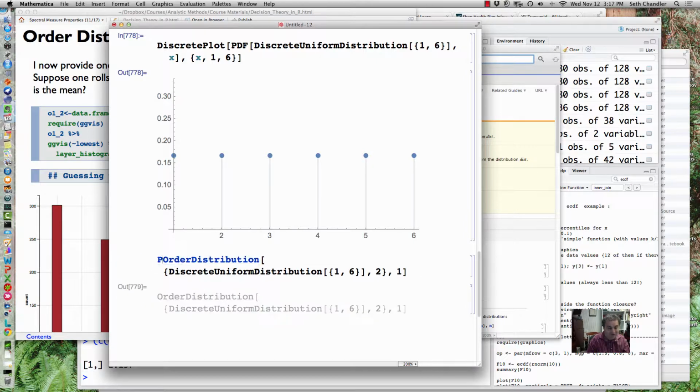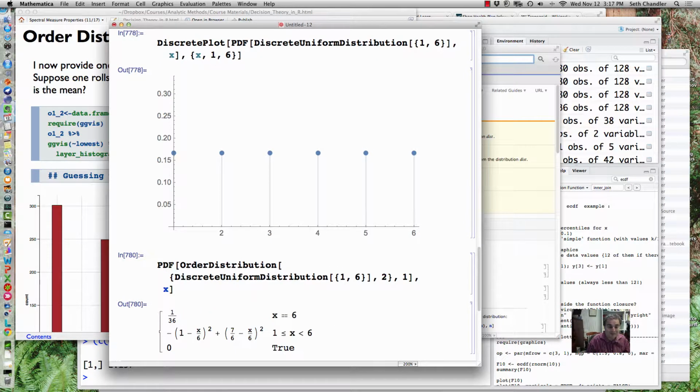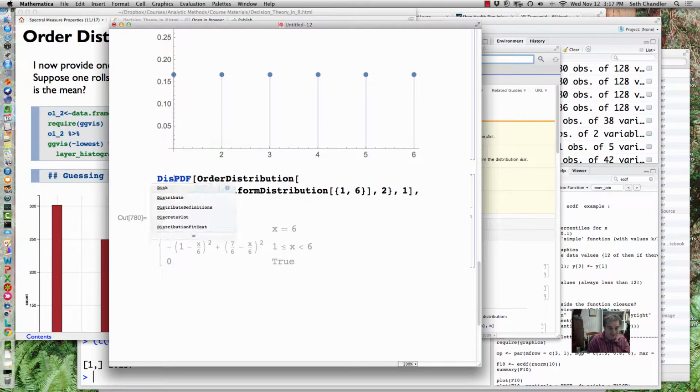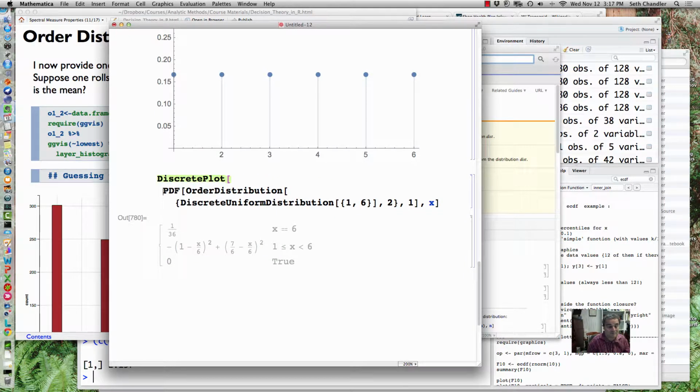But if I now say calculate the PDF of that, it actually does it. It comes up with some yucky thing, but I can say discrete plot it, as x goes from 1 to 6. The lowest still can't be lower than 1, and it can't be bigger than 6.